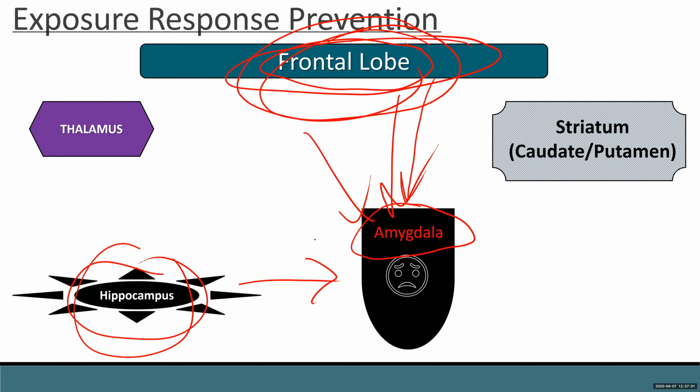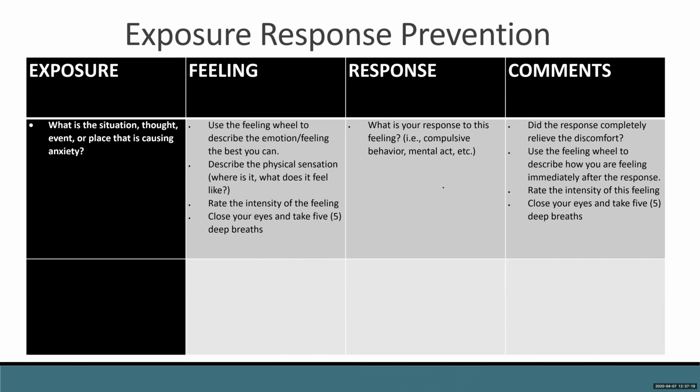It takes a lot of practice, and it can be overwhelming and very discomforting, but over time you will quiet down your amygdala, and you will start to feel, wow, I don't feel as anxious in this situation as I did before. And this is the exposure response prevention table that we will also go through tomorrow when we talk about the thought record.